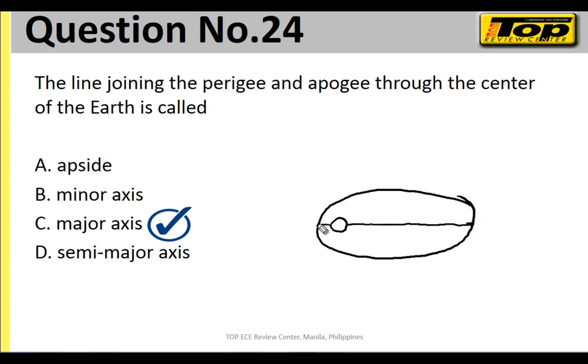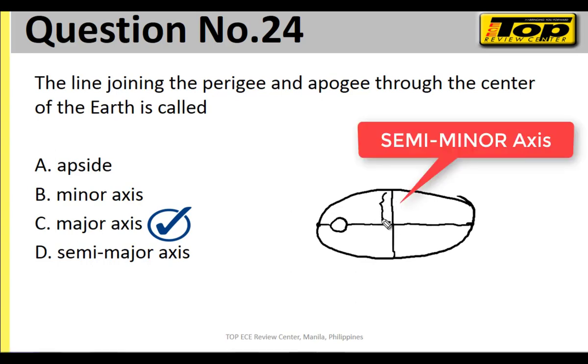Ano raw ang tawag natin dito? Ang tawag natin dito is the major axis. Okay? At yung kalahati ng major axis is what we call the minor axis. Siyempre, may major axis ka, meron kang tinatawag na minor axis. Yung kalahati nito, ang tawag naman is semi-major axis.